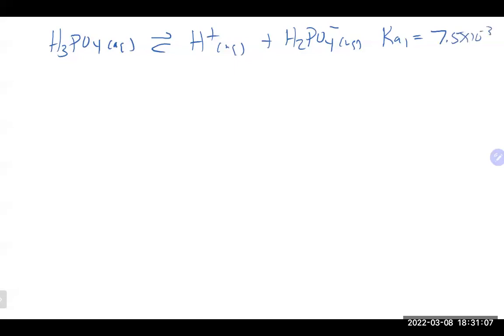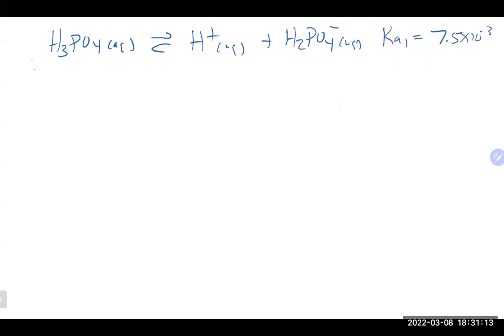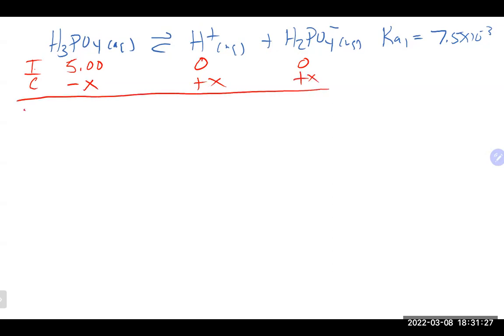All right, so we're going to do an ICE table here. It is a weak acid, obviously. We have a Ka value. Initially, we started with 5 molar phosphoric acid, and we have 0 and 0. The change is going to be -x, plus x, plus x, giving us 5 minus x, x, and x.